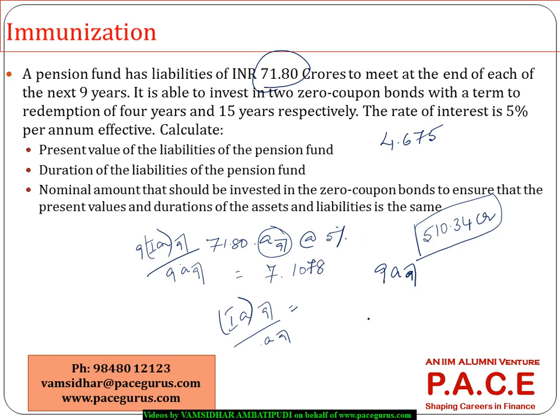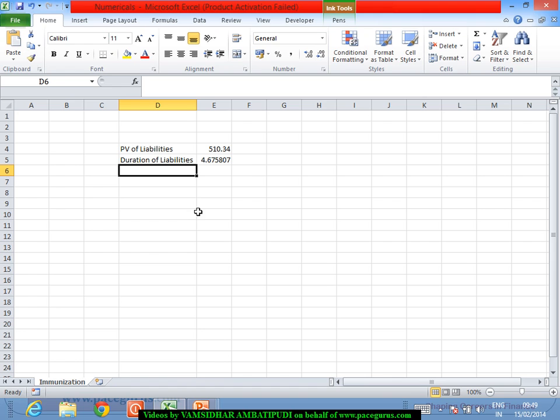Typically, when I am talking about the duration, it is nothing but the time weightage that we are giving. If a payment comes at the end of each period, my present values are v, v squared, v cubed, and so on, whereas my durations are 1v plus 2v squared plus 3v cubed, which is nothing but an expansion of Ia9. That's where we say duration is nothing but Ia9 by a9, which gives 4.675.